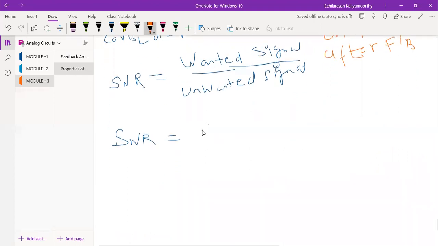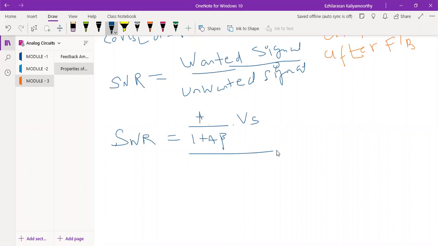So now let us take A divided by 1 plus A into beta into Vs, divided by the unwanted, which is A2 divided by 1 plus A beta into Vn.